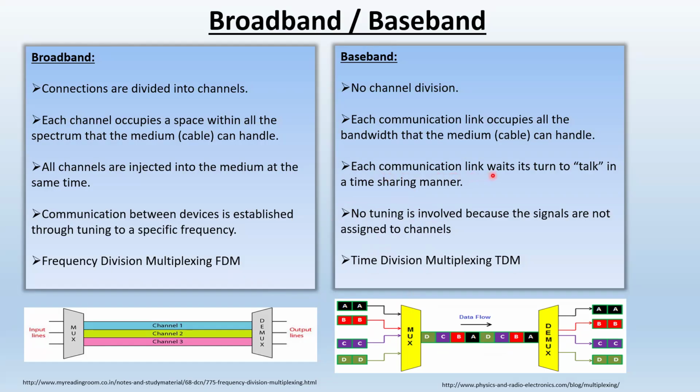Each communication link waits its turn to talk in a time-sharing manner. So we have 1, 2, 3, 4 channels going into the multiplexer. And we have 4 channels coming out of the demultiplexer. And we only have one link connecting them. So through that, you only have one pipe, sort of, one pair of wires.